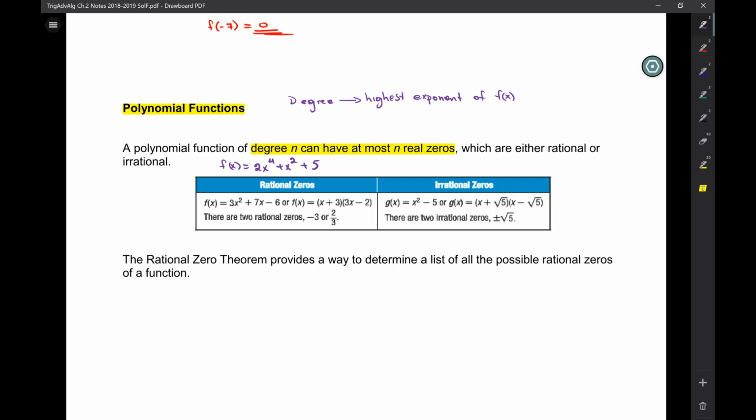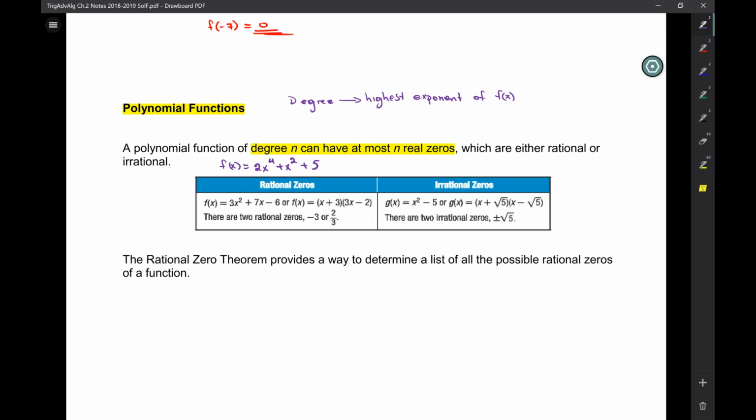Because it's either a whole number or it's a repeating decimal, like 0.6667. Okay, look at this one. 2 zeros. What are the zeros? Plus or minus √5. How much is √5? If you put it on your calculator, what do you get for √5? Something long.